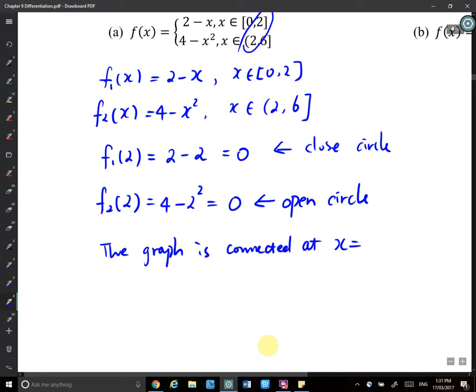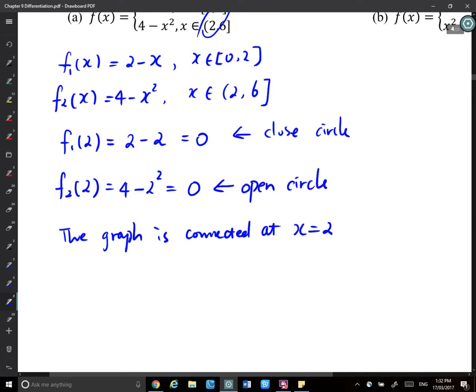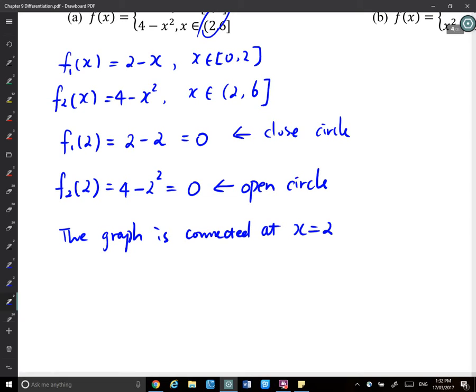At x equals 2, everything is alright. There's no jump or hole.